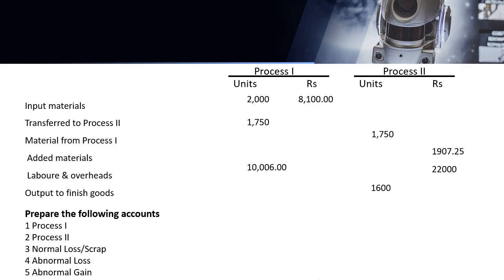Process 2 shows additional materials 1907.25 rupees. Labor and overheads 22,000 rupees. Output to finished goods 1600 units. Prepare the following accounts: Process 1, Process 2, normal loss, normal scrap value, abnormal loss and abnormal gain.